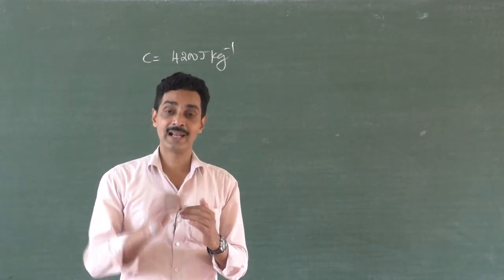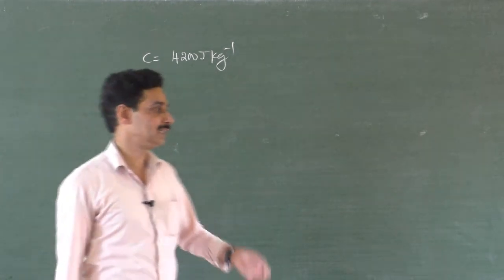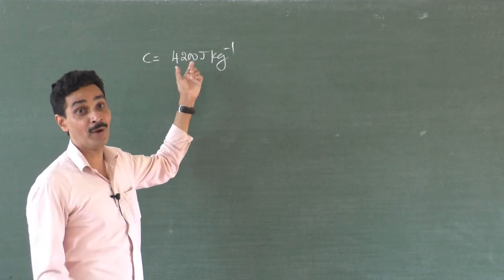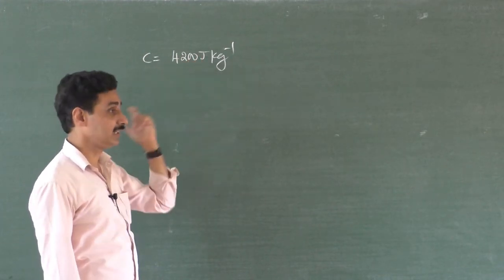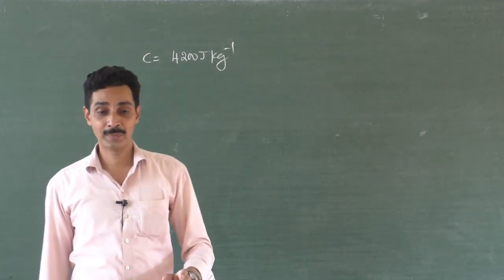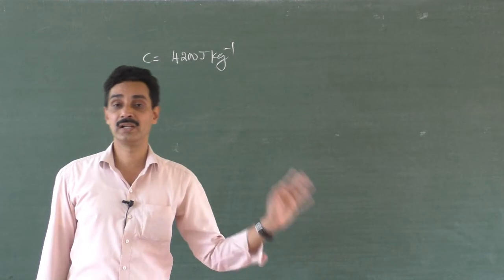If you want to raise the temperature of 1 kg of water by 1 Kelvin, you need this much heat energy. I was talking about something else, I was going to the boiling point. Okay. So the specific heat of water is 4200 joules, meaning if you want to raise the temperature of 1 kg of water by 1 Kelvin, you need 4200 joules.